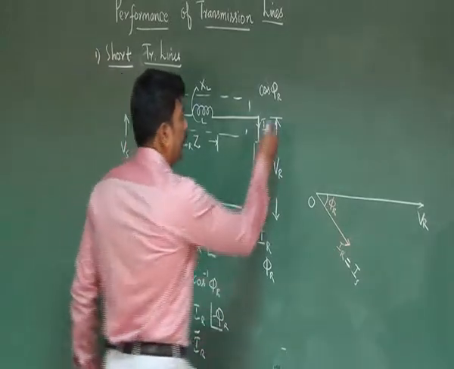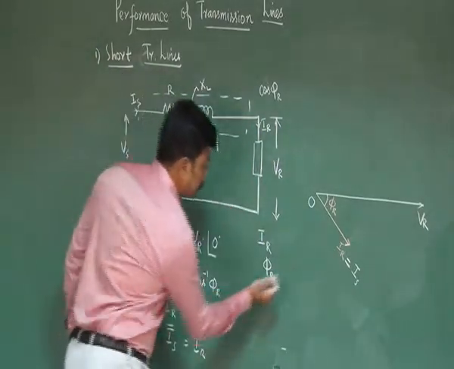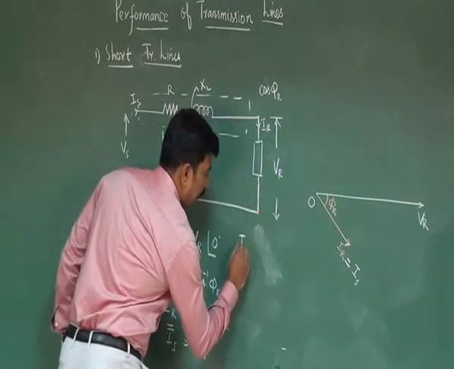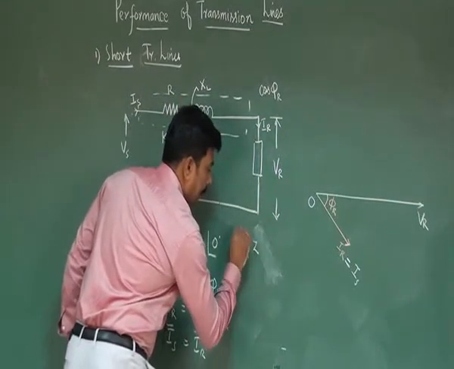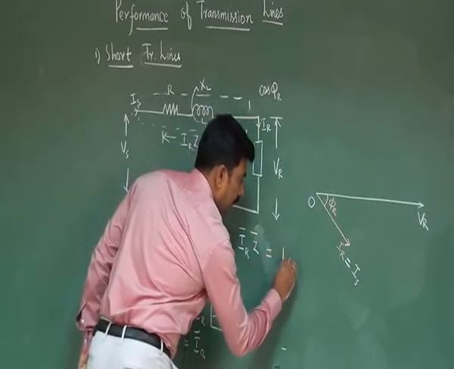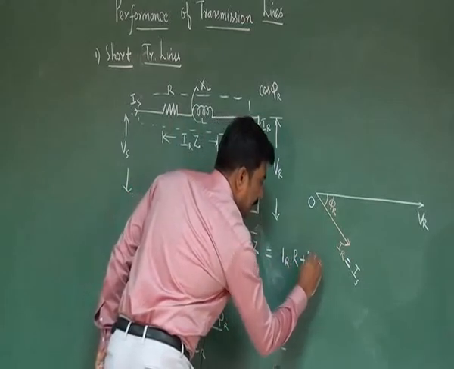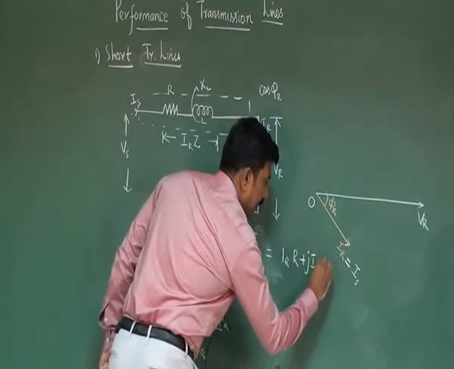So the voltage drop vector has two components, IR R plus j IR XL.